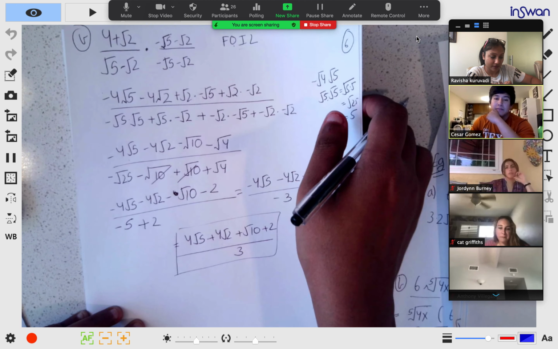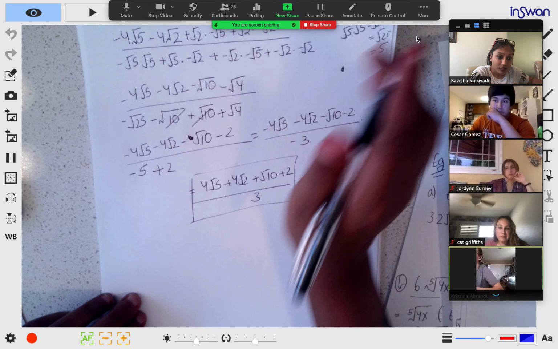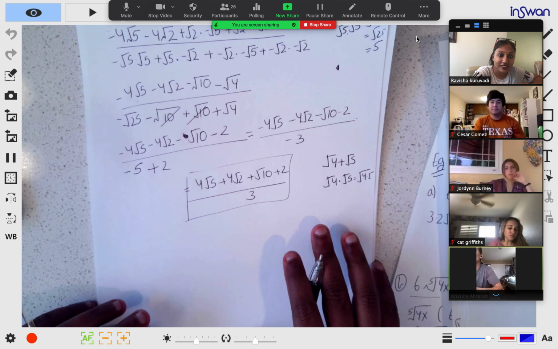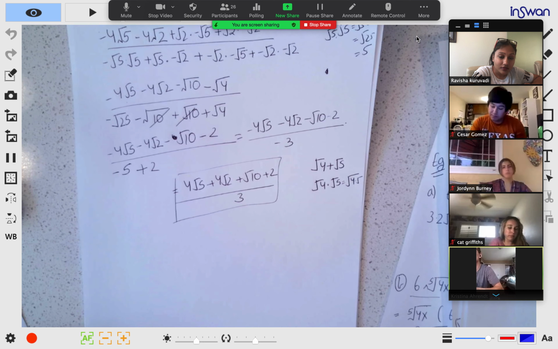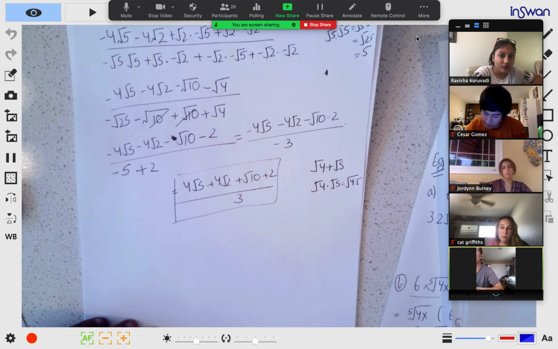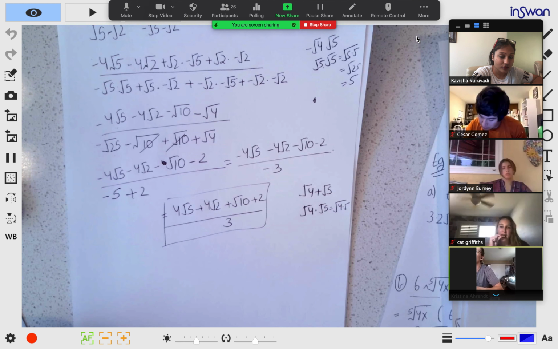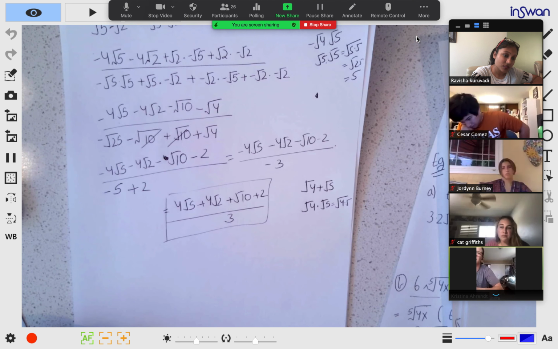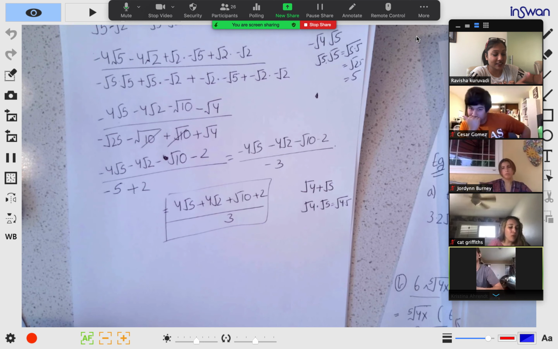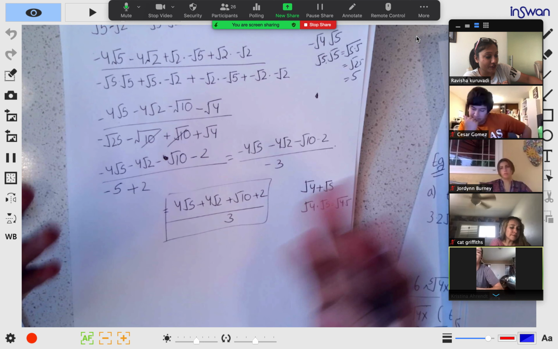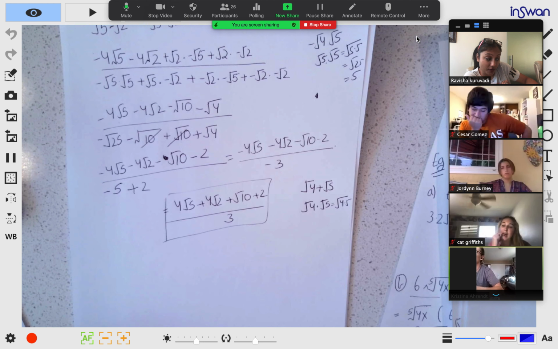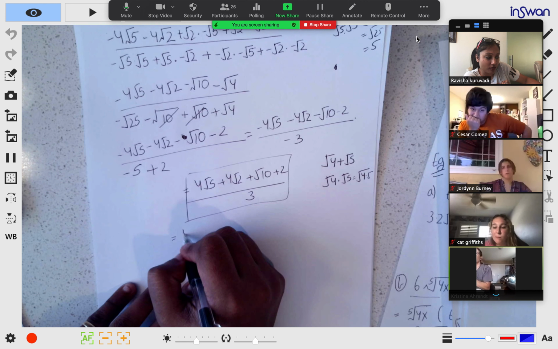I have a dumb question. No problem. Yeah, Christian. With the square root of 10, since it was initially the square root of 2 and the square root of 5, could you break that down again? And would that change the negative 4 square root 5 and negative 4 square root 2? You can do that, but then you'll be simplifying further. You're not wrong, you're thinking correctly.